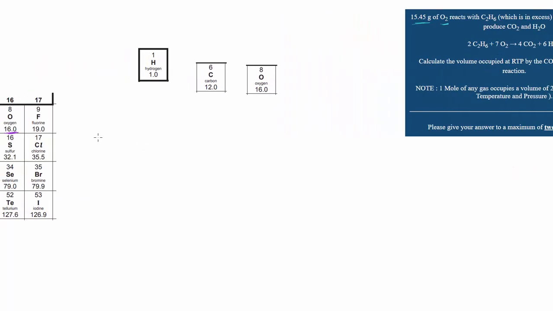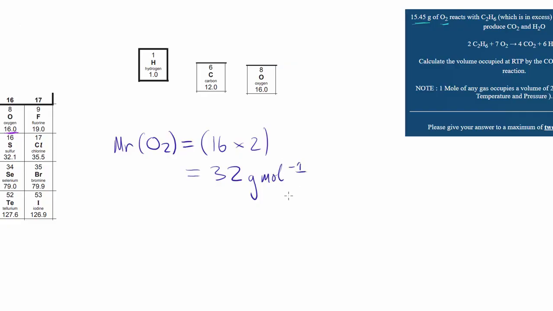So the molar mass for O2 is going to be the relative atomic mass 16 multiplied by the frequency of occurrence, which is 2, right? So that's going to give us 32, and that's going to be in grams per mole, right?